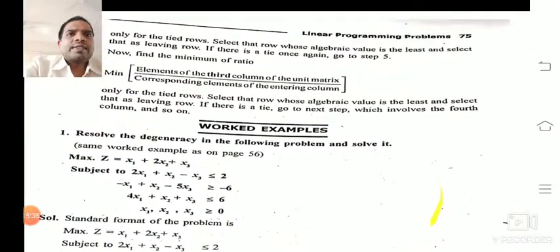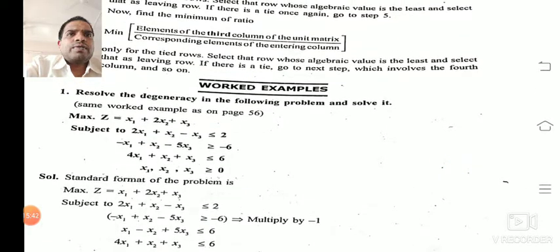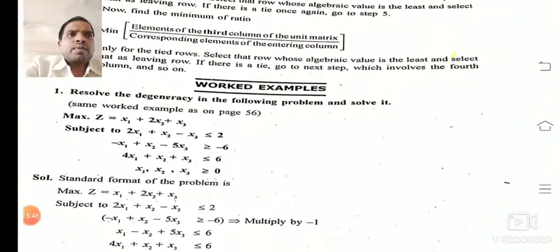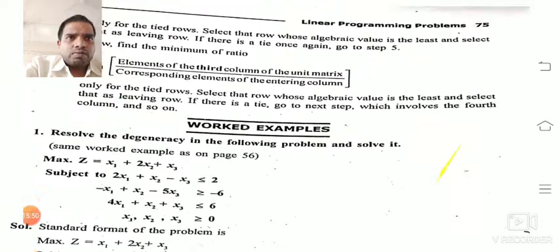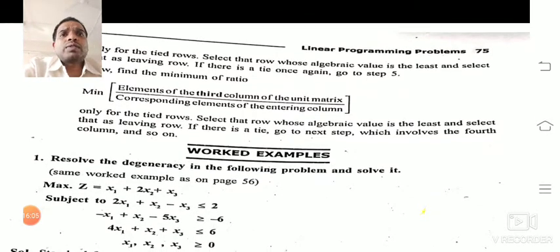Step 5: find the minimum of the ratio of the elements of the third column of the unit matrix divided by the corresponding elements of the entry column. Only for the tied rows, select the row whose algebraic value is the least and select that as the leaving row. If there is a tie, go to the next step, which involves the fourth column, and so on.